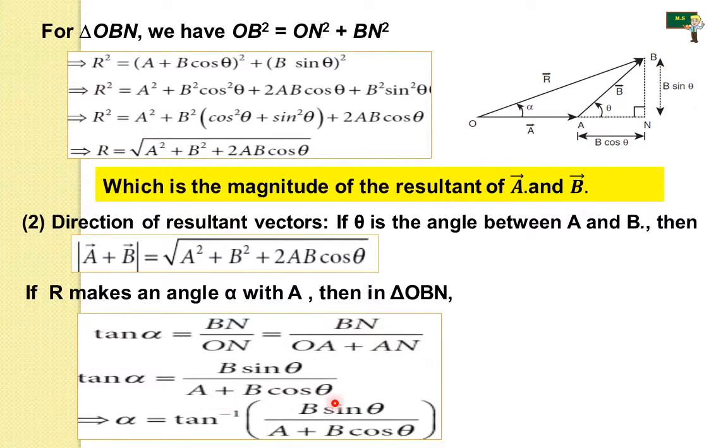When we substitute all this and take the tan to the other side, alpha is equal to tan inverse of B sin theta divided by A plus B cos theta.